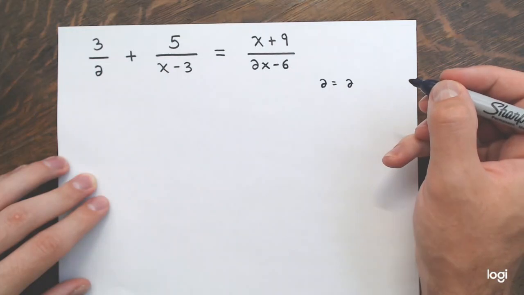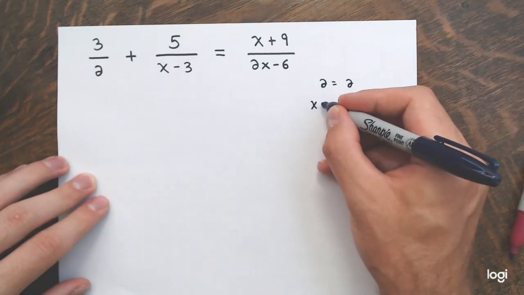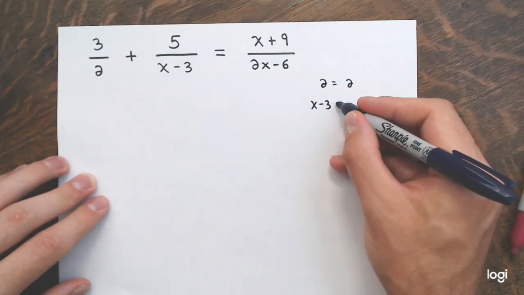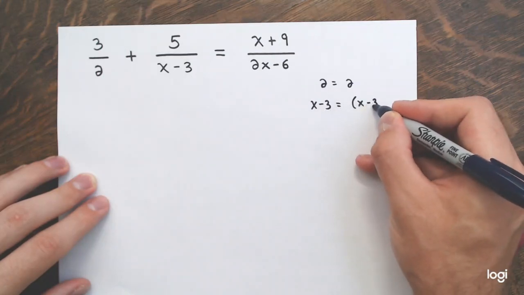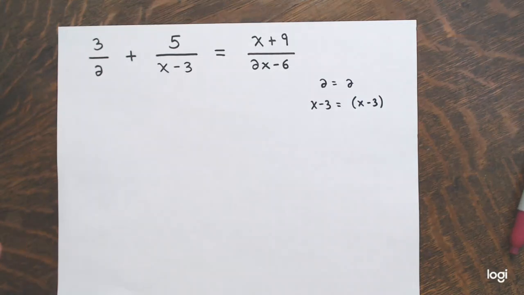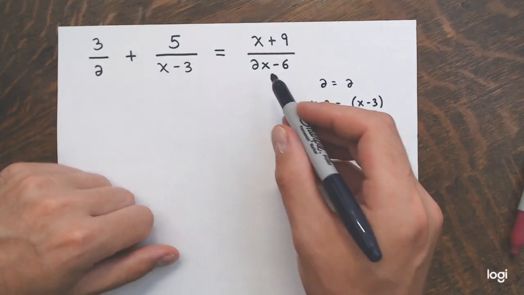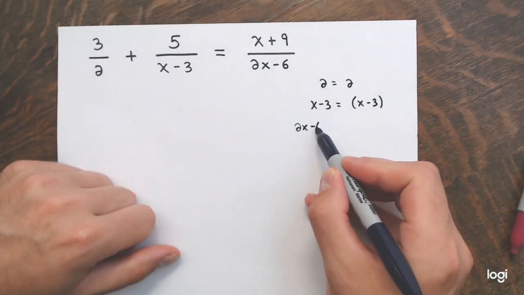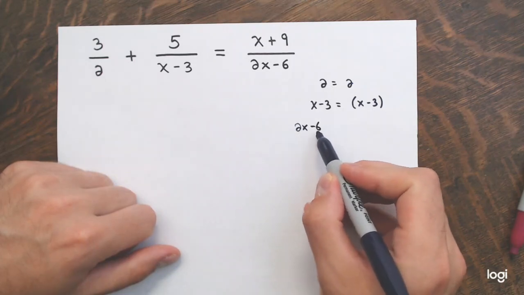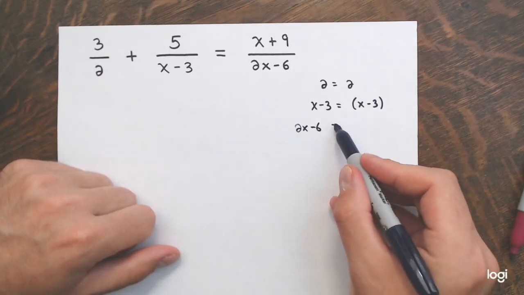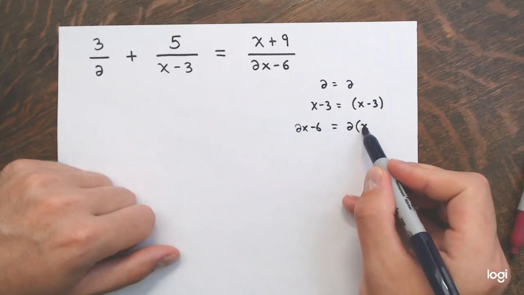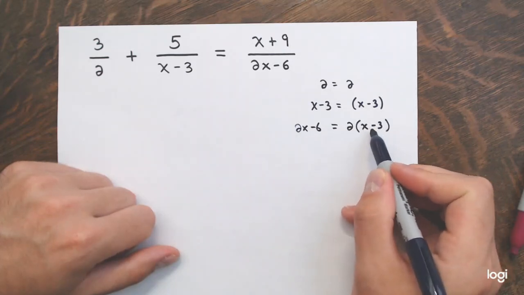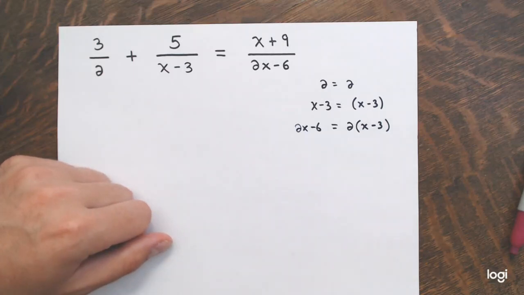The next denominator is x minus 3, and that's as factored as that's getting. So the quantity x minus 3 is the only factor. Then 2x minus 6. Now these two terms have a GCF, a greatest common factor of 2. If I factor the 2 out, the remaining factor would be x minus 3, and there you go. They're factors of 2 and x minus 3.